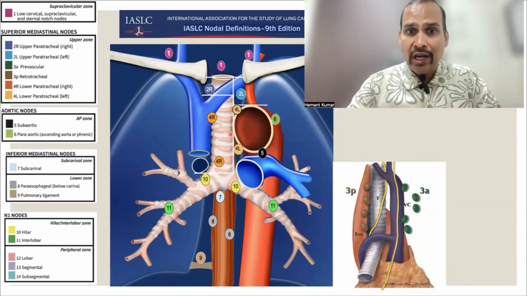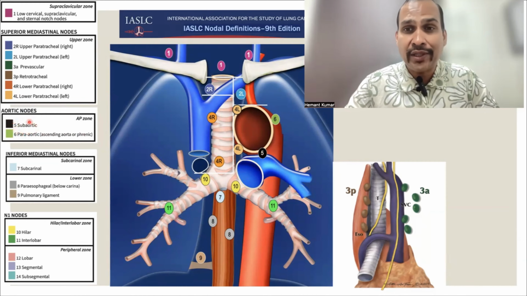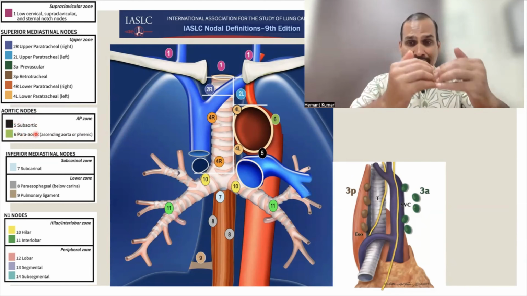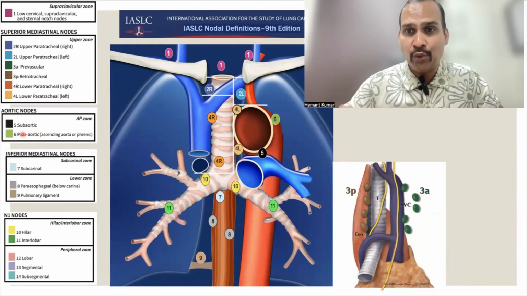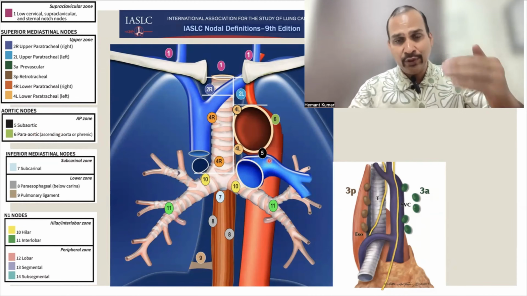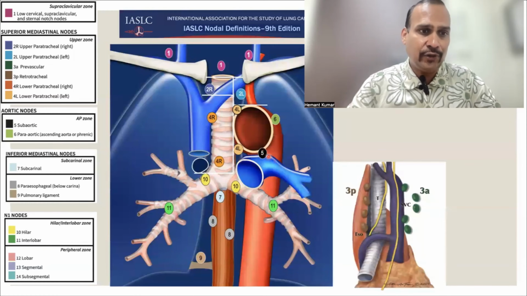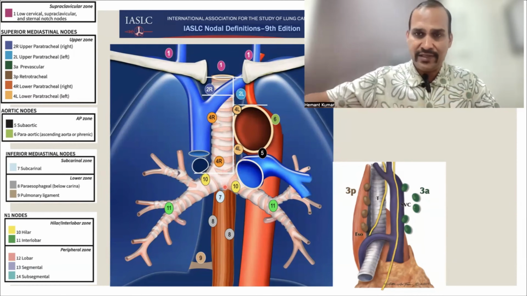So below arch of aorta, there is pulmonary artery. So lymph node between arch of aorta and pulmonary artery is called station 5, also called subaortic lymph node. Subaortic means below the aorta. Previously, it was called aortopulmonary window, AP window, but the correct term is subaortic lymph node. Station 5 is subaortic lymph node, just below the arch of aorta. Then our trachea is finished. Lymph node 6 is finished.